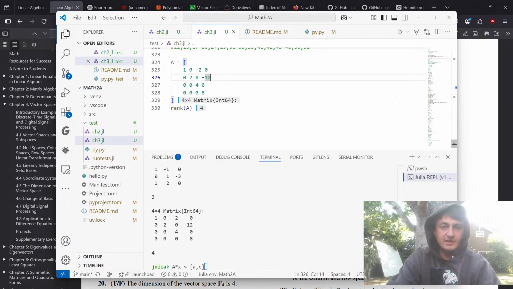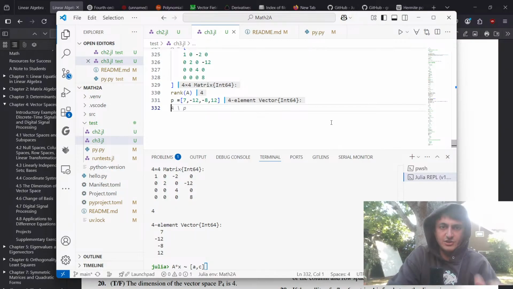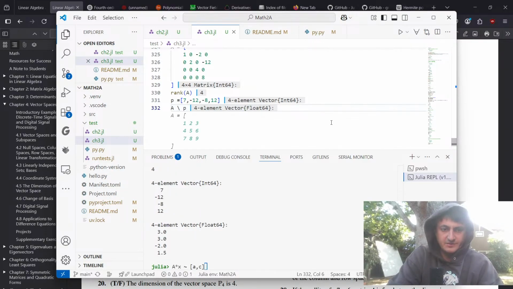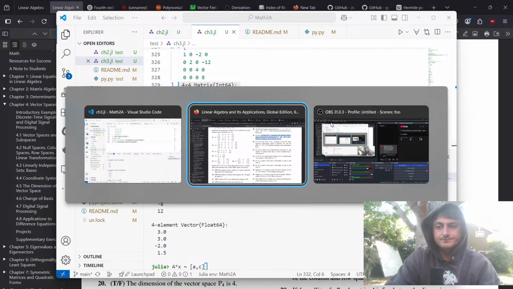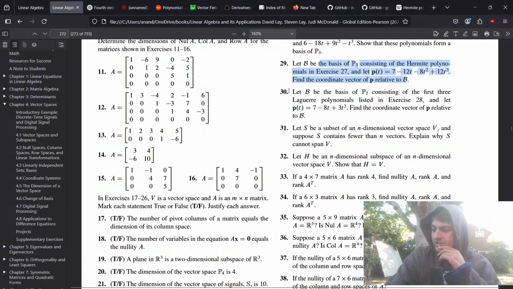So in that case, P is equal to 7 minus 12 minus 8, 12, and then we're just going to do A backslash P. Okay, there you go. So that is equal to 3, 3, minus 2, 3 halves. Very cool. Okay, what's next? 31.